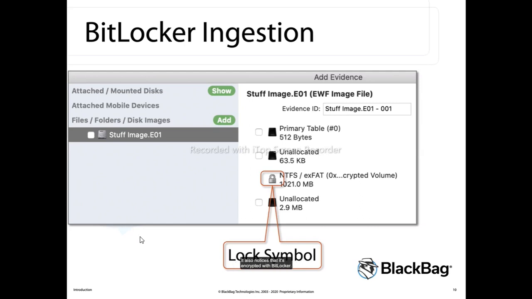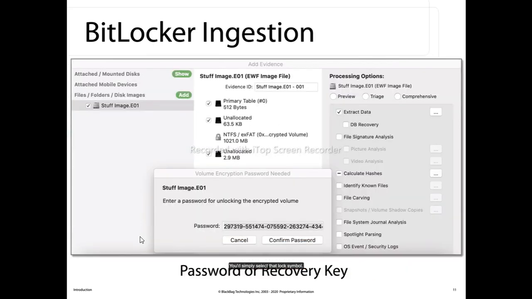It also notices that it's encrypted with BitLocker, so it shows you an icon of a lock symbol. You'd simply select that lock symbol, and then you would have the capability of putting in the password or the recovery key at this point.